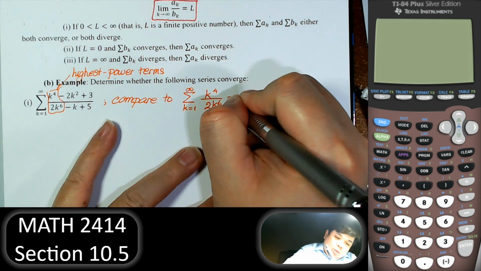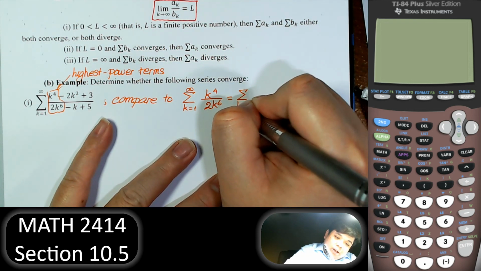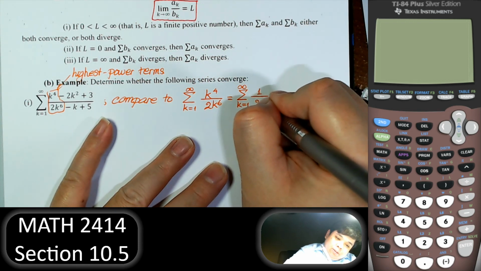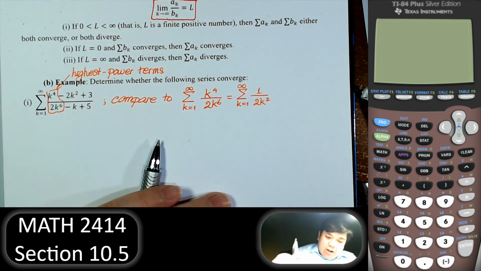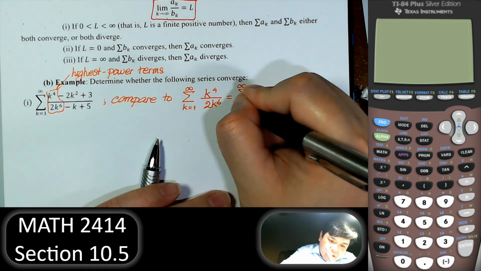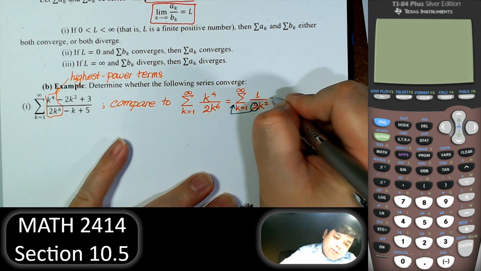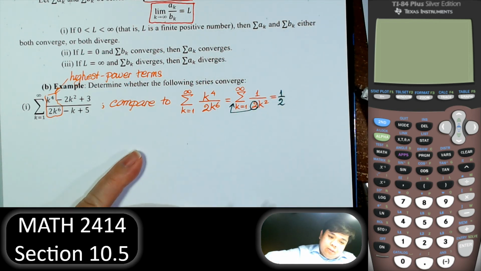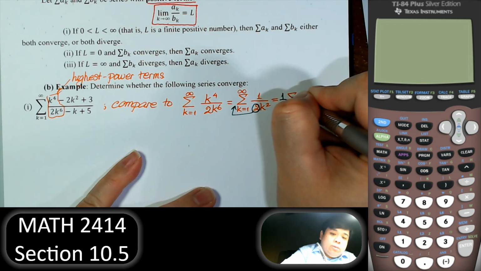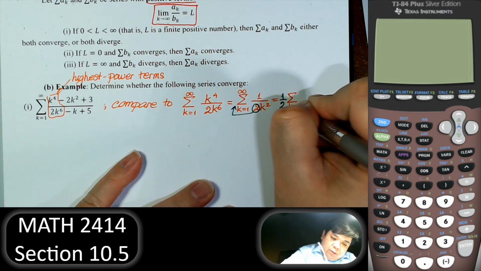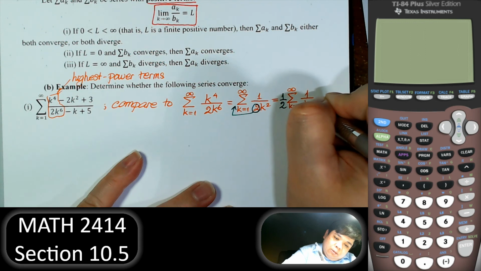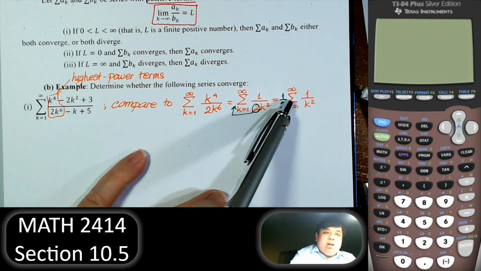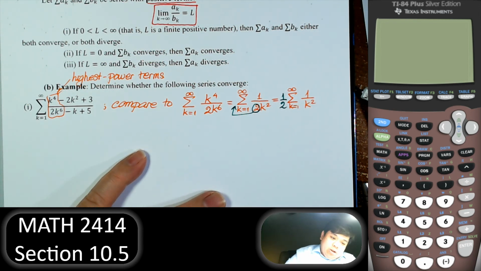Now cancel out, we have 1 over 2k squared. Factor out the 2. Now, that one is a p-series with p equal to 2, convergent, multiplied by 1/2, still convergent. So this is convergent.